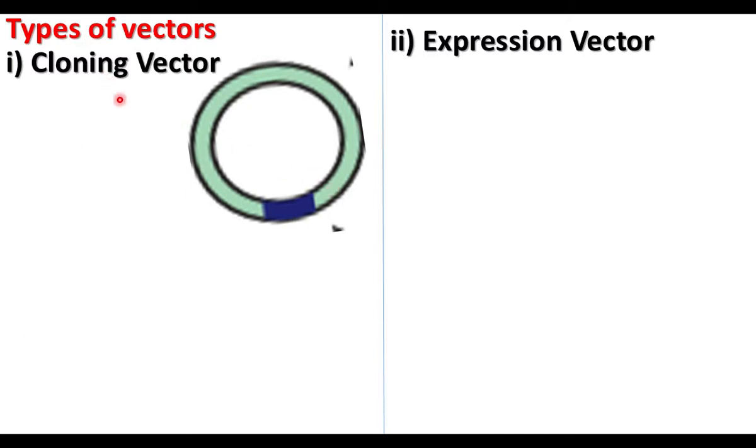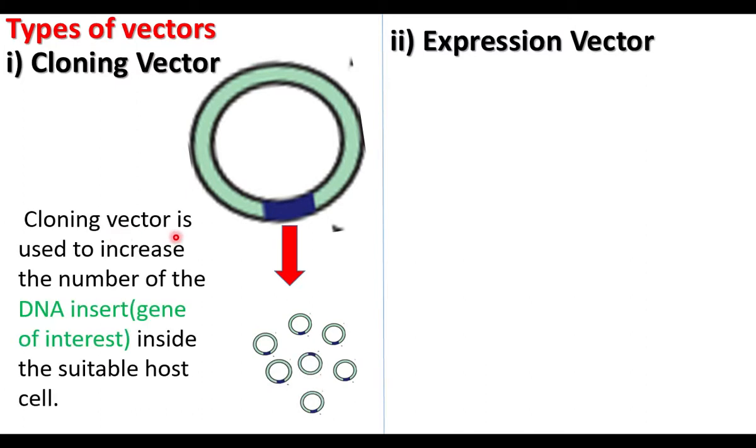So cloning vectors are used to get multiple copies of the desired gene. Cloning vectors are used to increase the number of the DNA insert or gene of interest inside the suitable host cell. Expression vectors have the DNA sequence for transcription and translation.